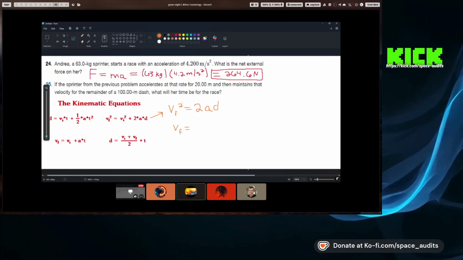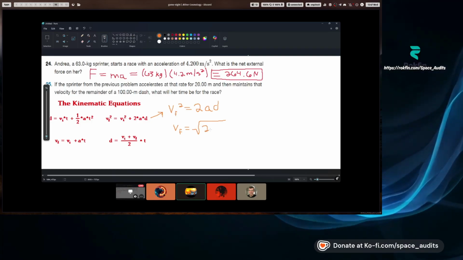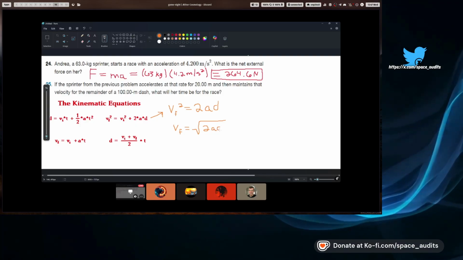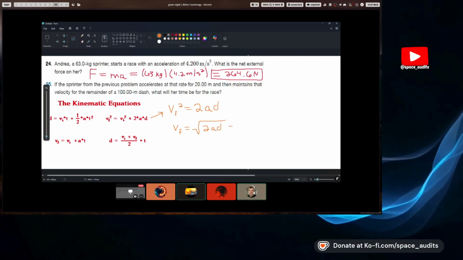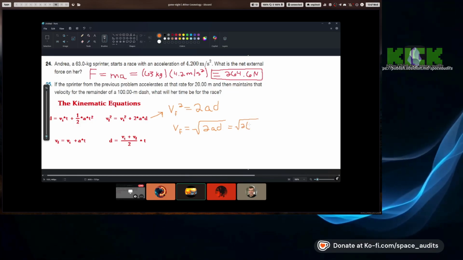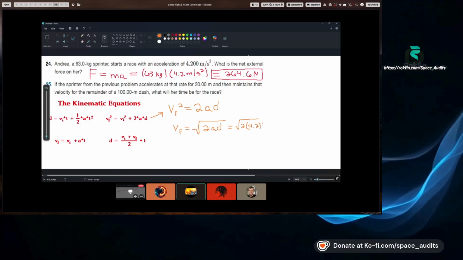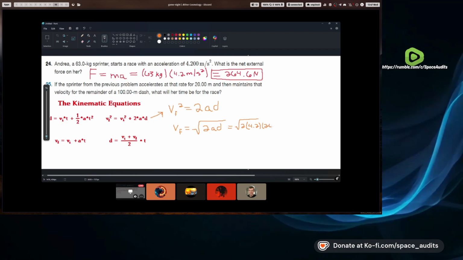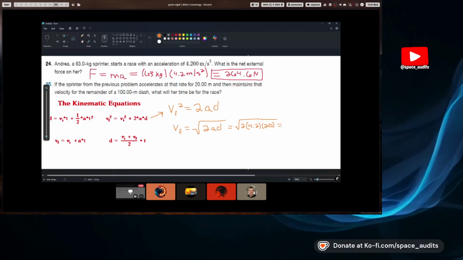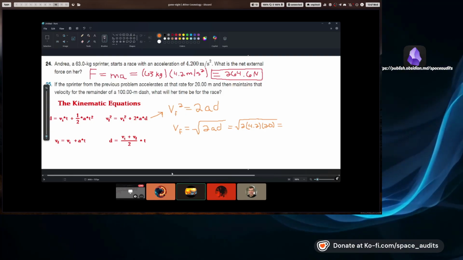So the velocity final equals the square root of 2AD, which equals the square root of 2 times 4.2 times 20, which equals, hold on, let me use my calculator.